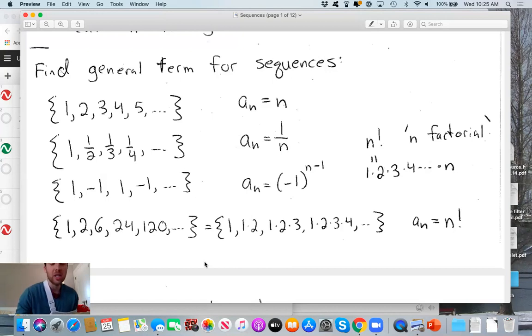This sequence of numbers is what's called n factorial. This exclamation point is a kind of function which says, take this number n and multiply all the whole numbers from 1 up to n.